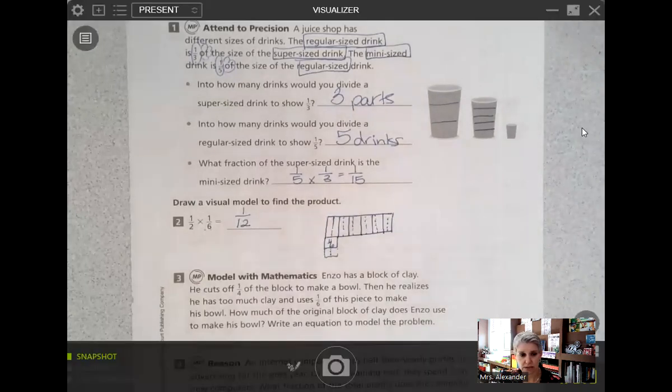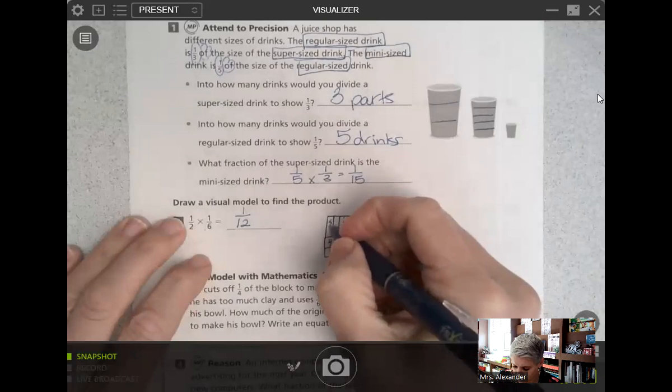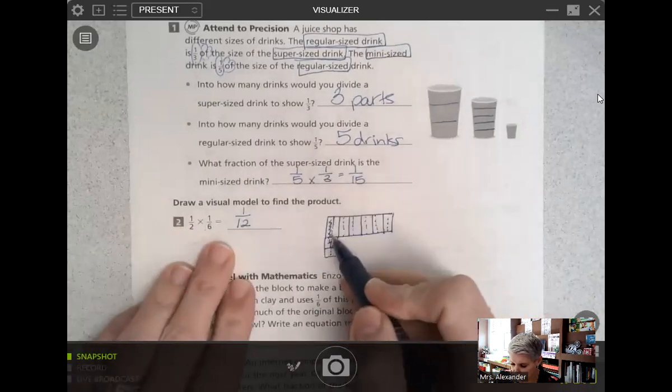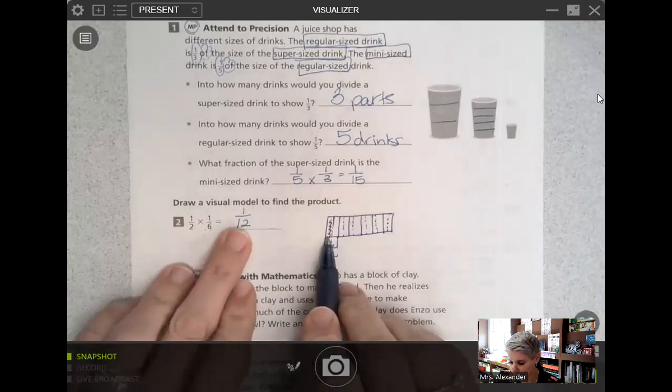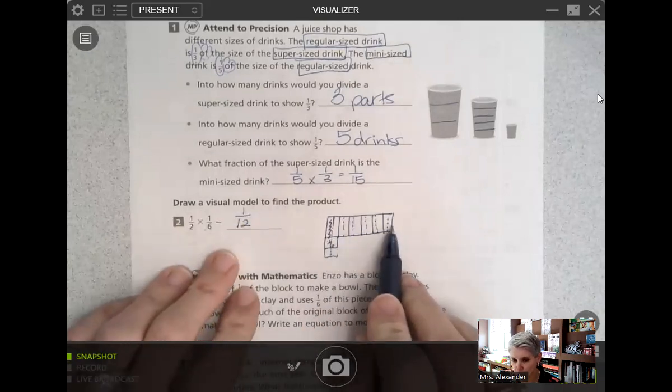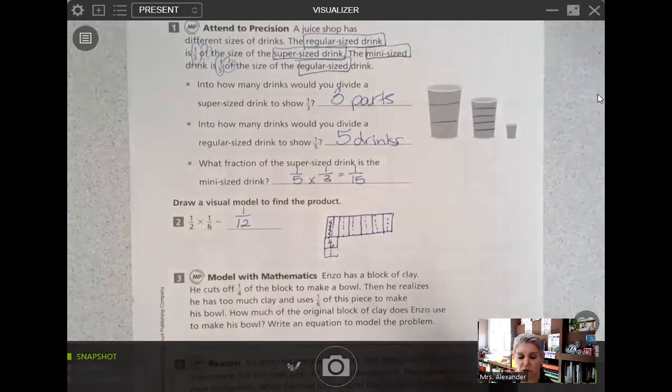So then you'll see this 1/12. If I just have 1/2 of this 1/6, I have this 1, there's my numerator, and now I have a total of 12 parts in my model. So that's where the 1/12 comes from.